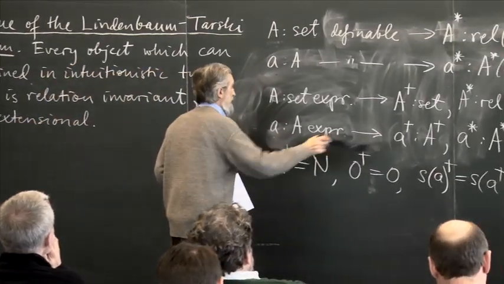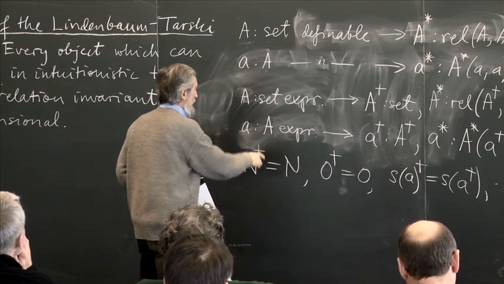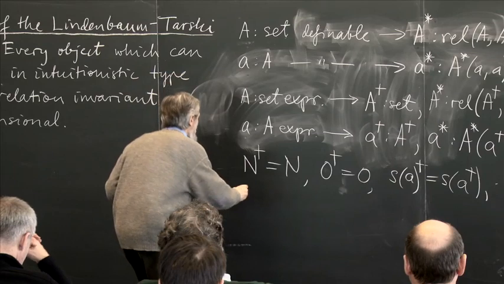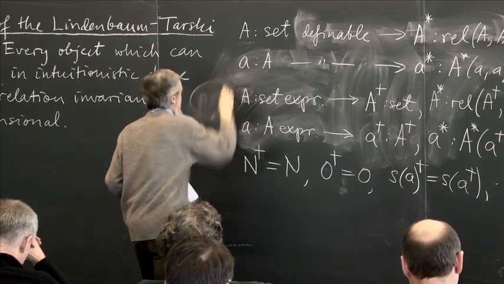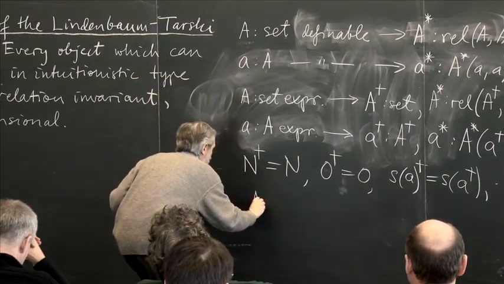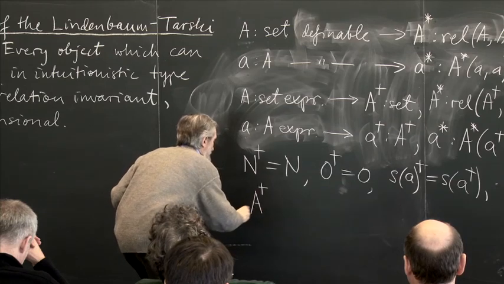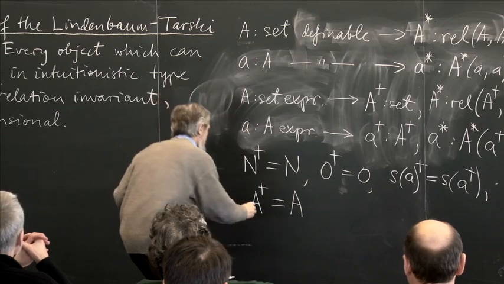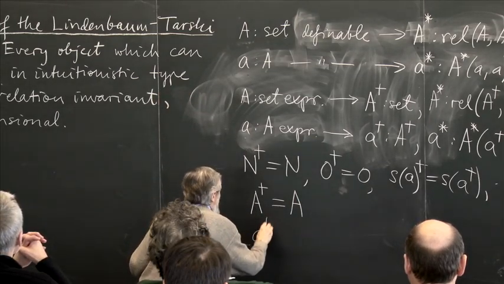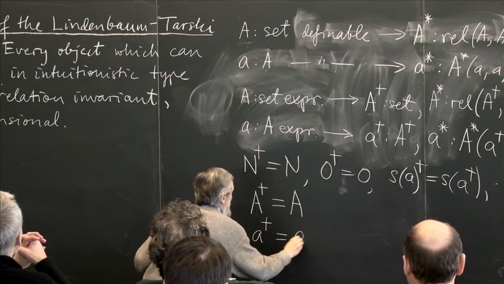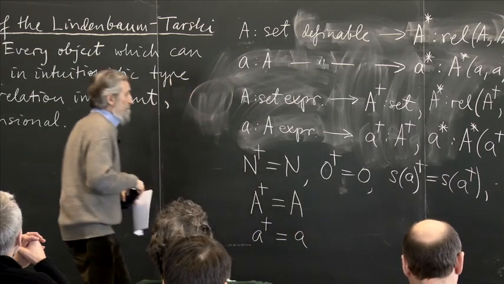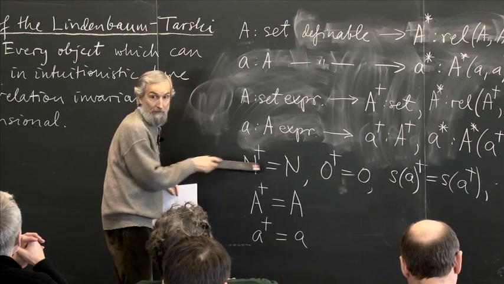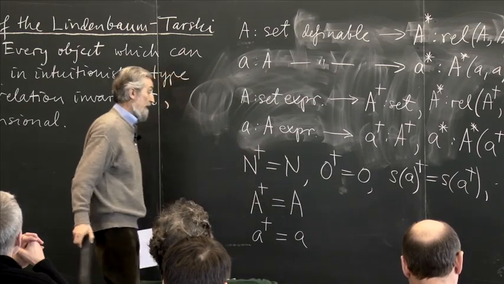Now that means that applying these rules finitely many times, we can prove for each specific set expression A that A dagger is equal to A, and similarly for an element expression that a dagger is equal to a. We have to run through the expression using these equations to get this result.